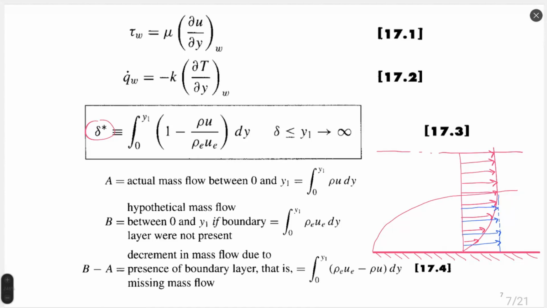So this mass flow rate calculated when we do not take into account presence of boundary layer is shown here on equation B. It is hypothetical mass flow rate between 0 and some coordinate y1. This is coordinate y1 here, where boundary layer is not present.